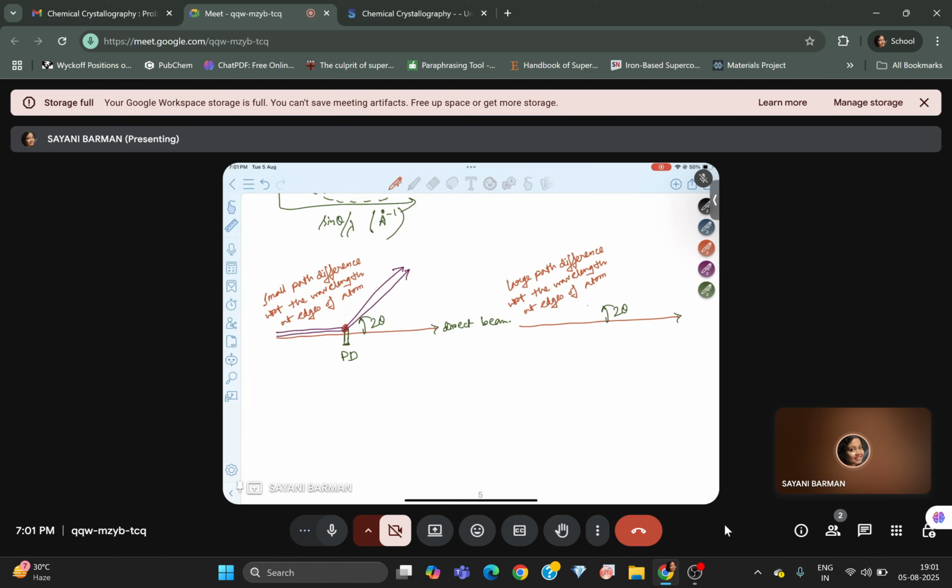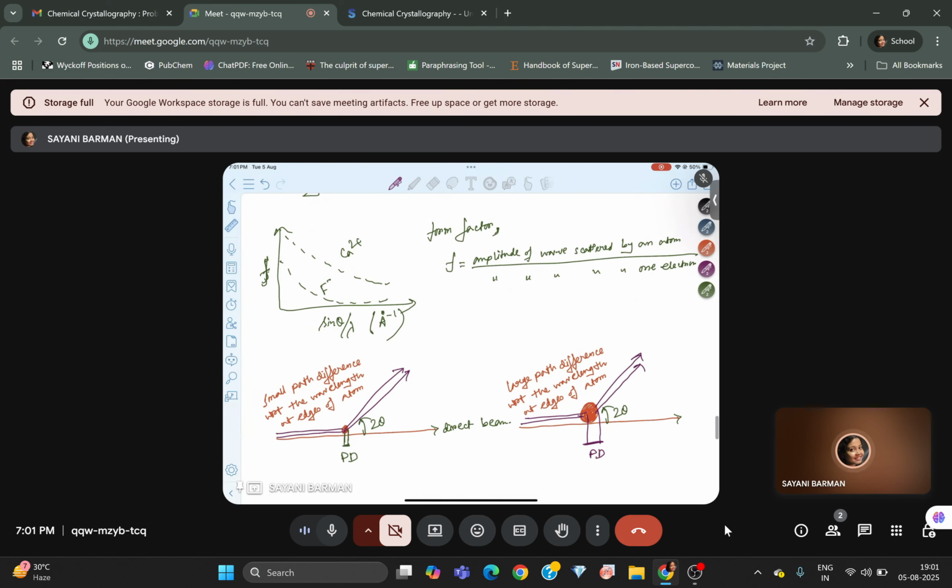It should be drawn like this. So this is the large atom, let's say bromine. One beam is going there, and here one is going here. Now you can see the 2 theta, and this is of course the direct beam. Now you can see the PD has widened. So this is the large path difference with respect to the wavelength at the edges of the atom.